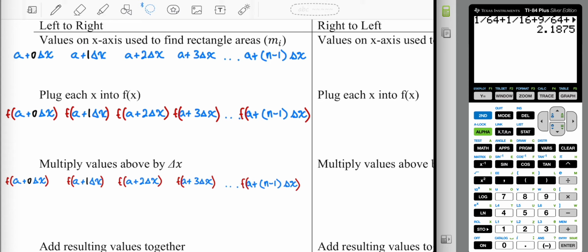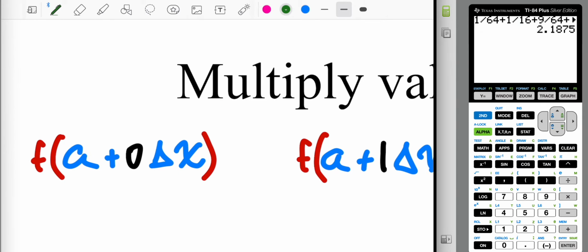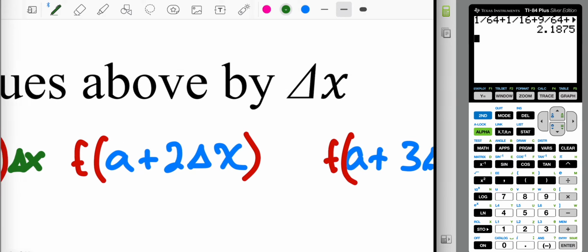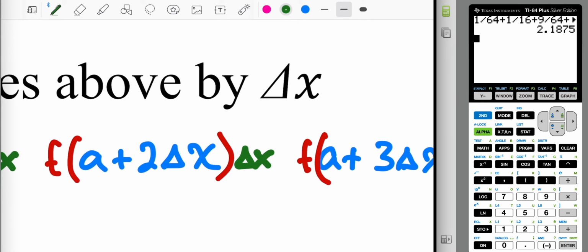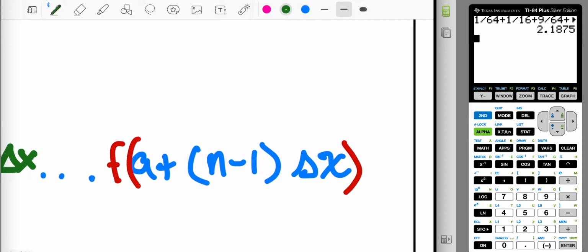All right, so now I'm going to tack on a delta x. Let me get a green involved here. So delta x, delta x, delta x, delta x, and one more delta x.